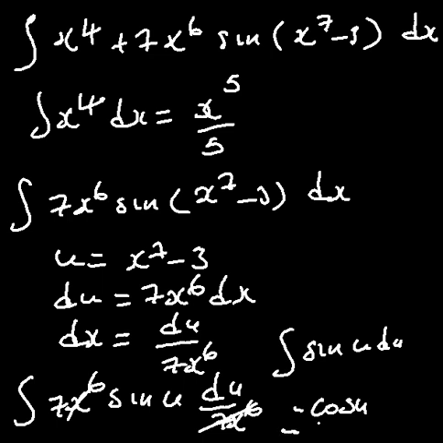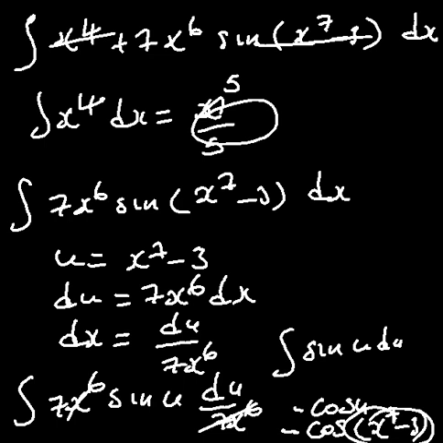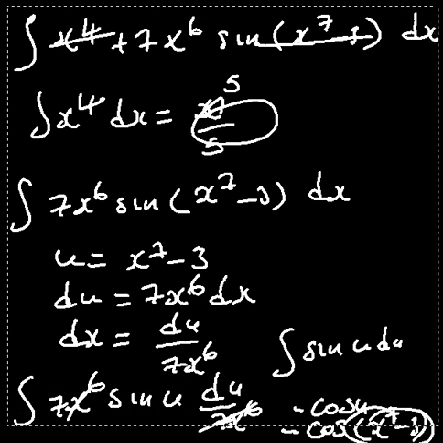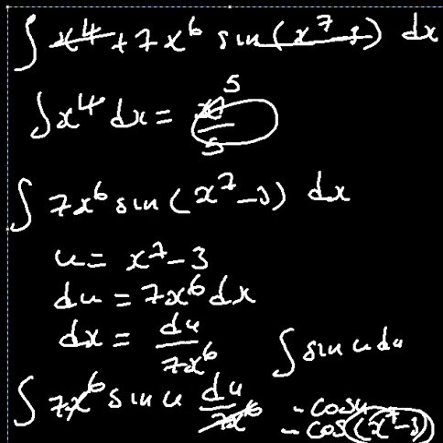We'll have negative cos of (x to the power 7 minus 3). Then we'll substitute this onto here, and this onto here. Then add C. That will be the solution. So take note of that. That is how we can make it up.